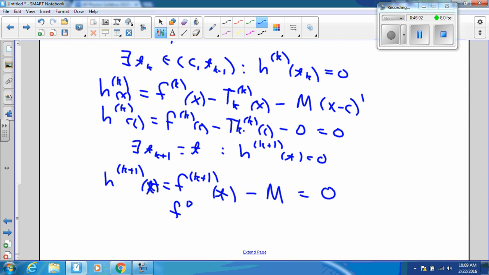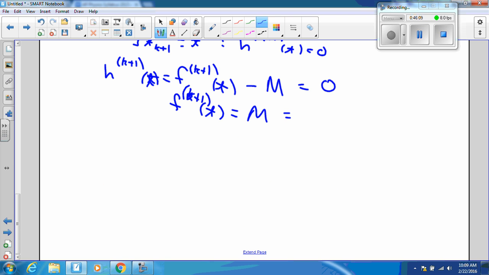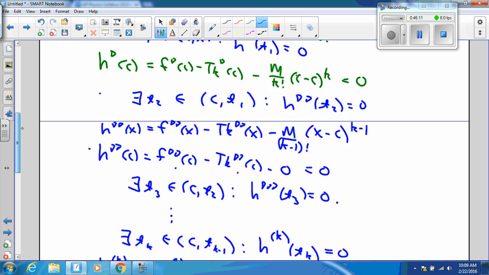So since this is equal to 0, I have exactly this guy is equal to m, but what was m to begin with?